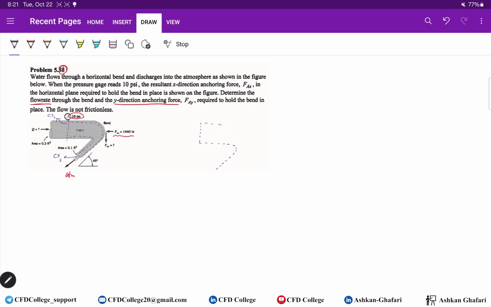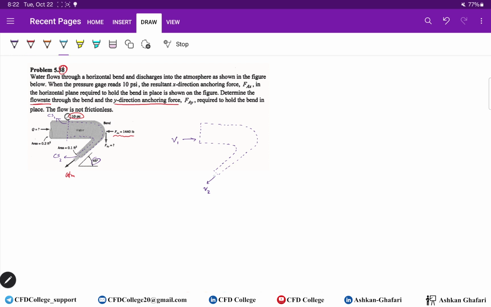Okay, let's draw the control volume. It's like this. Here we have inflow V1, and outflow here V2. We have this angle, 45 degrees. We have another force due to pressure. Why?